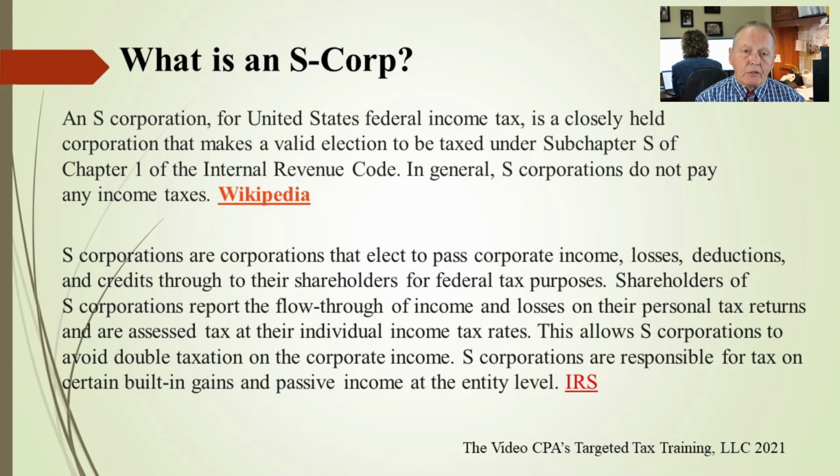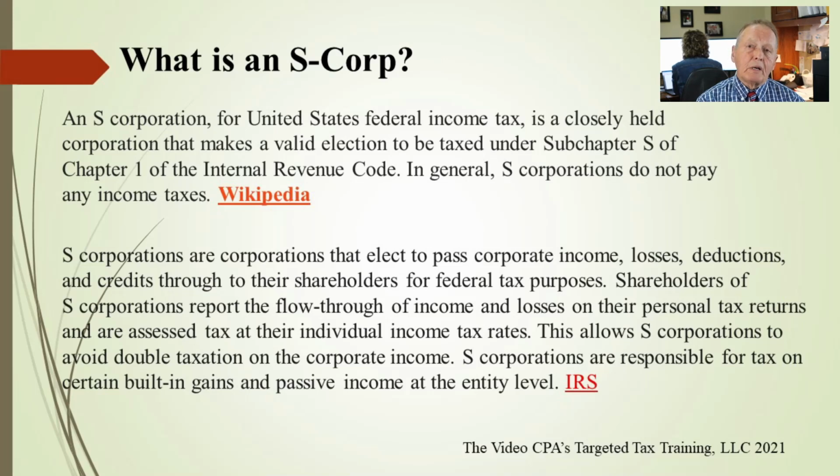So the IRS has their own definition as well, and it's a corporation that elects to pass through its income and expenses, deductions and losses, credits to the shareholders of the corporation. We talked about a few minutes ago how it's not taxed very often.